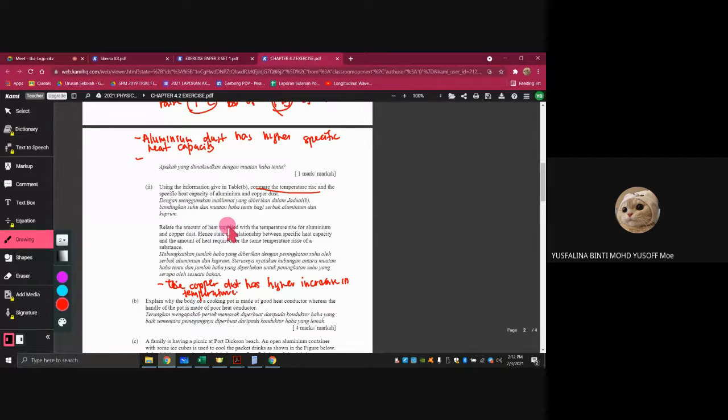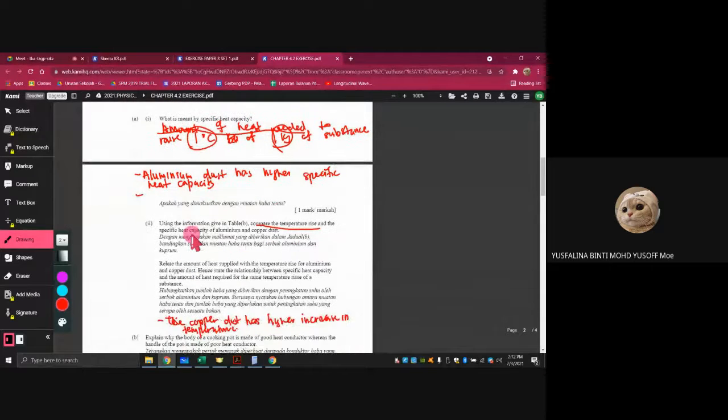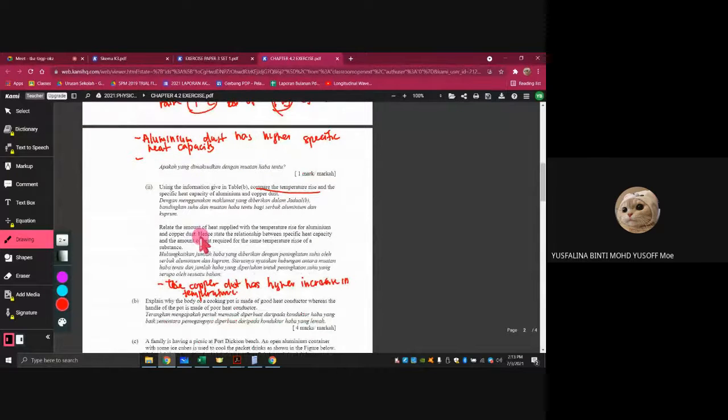The amount of heat supply is actually the same, but the temperature rise for copper dust is higher. So you should put: even though the amount of heat supply is the same, copper dust has higher temperature rise.